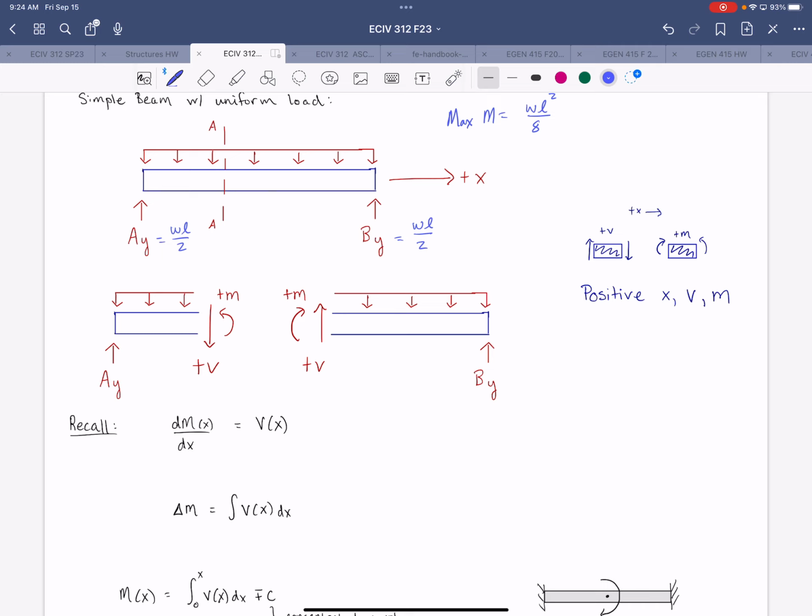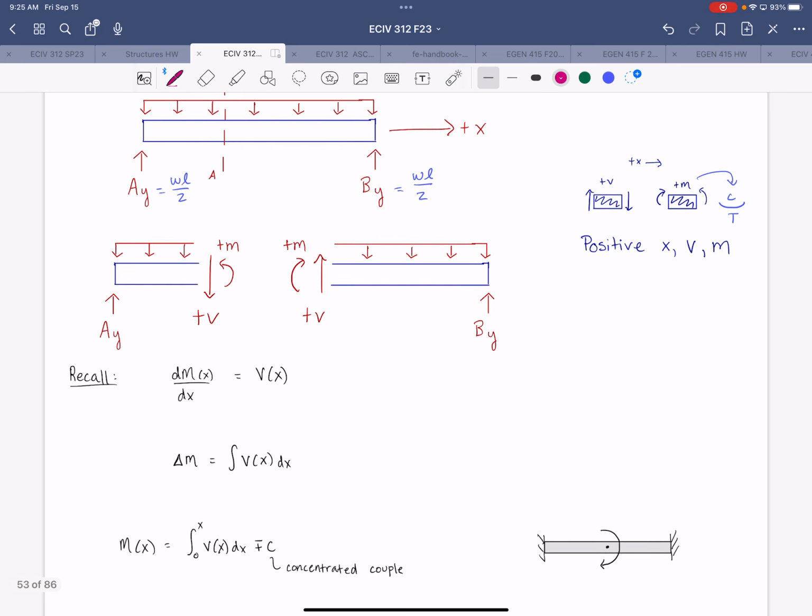So what we have are the positive directions for V and M shown here. As you know, positive moment tends to cause the beam to bend so that it forms a smile with tension on the bottom fibers and compression on the top fibers. And I can write that over there.